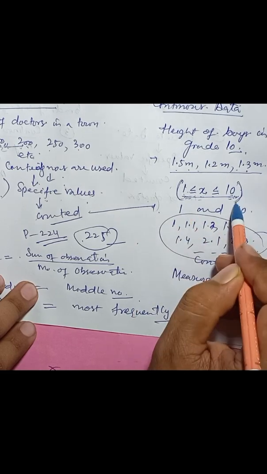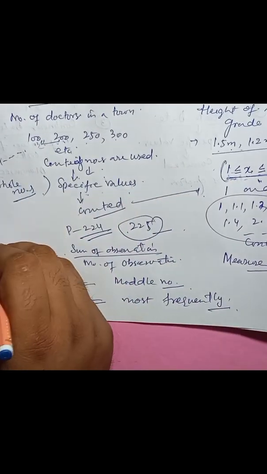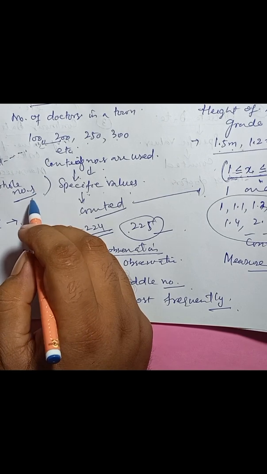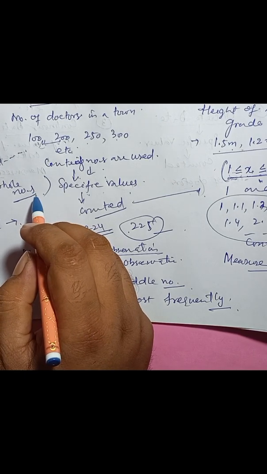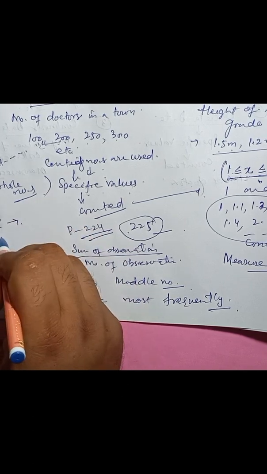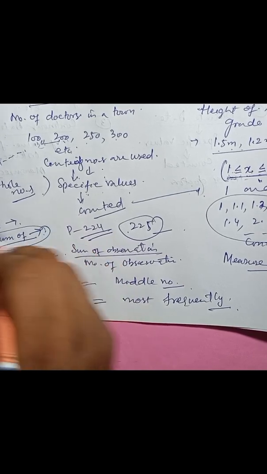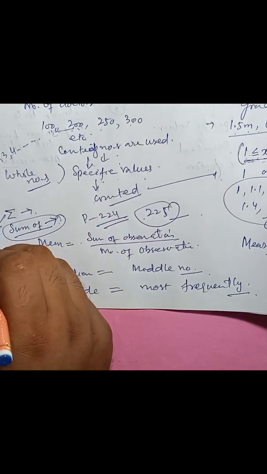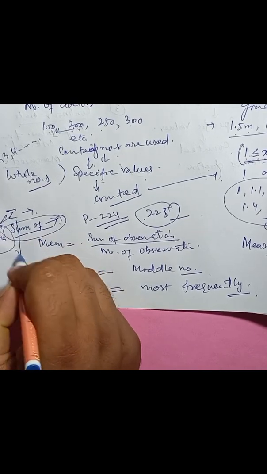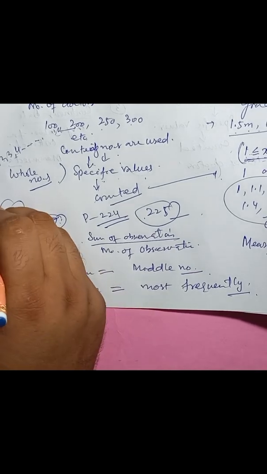And this symbol, you can see, is used in statistics for adding up. It means the sum of all those terms or numbers, and it is actually sigma. So we can say it as sigma or summation. This symbol.